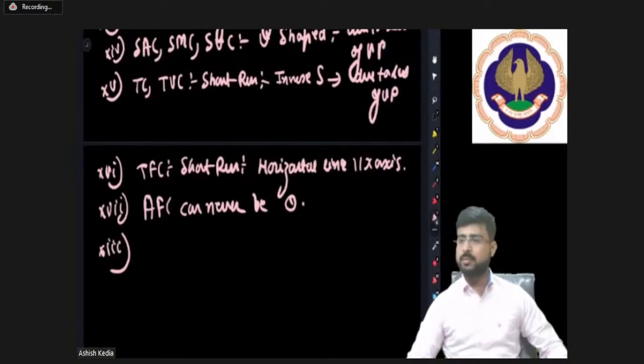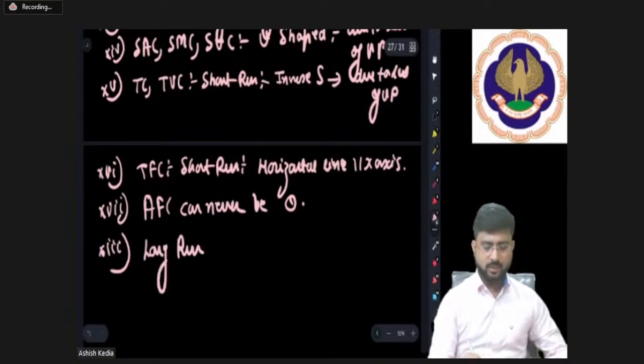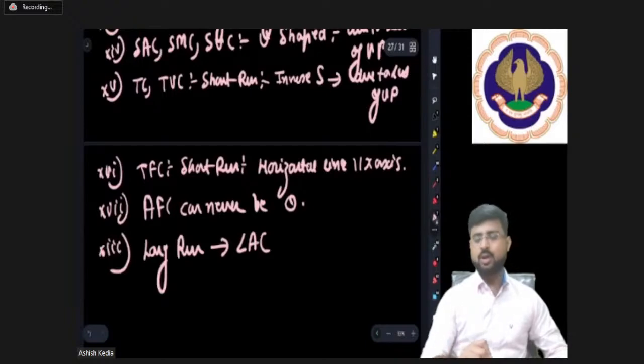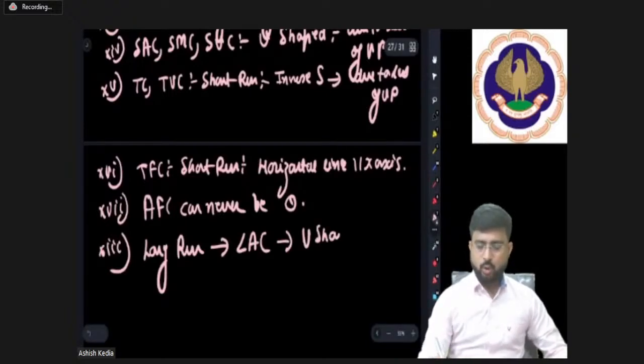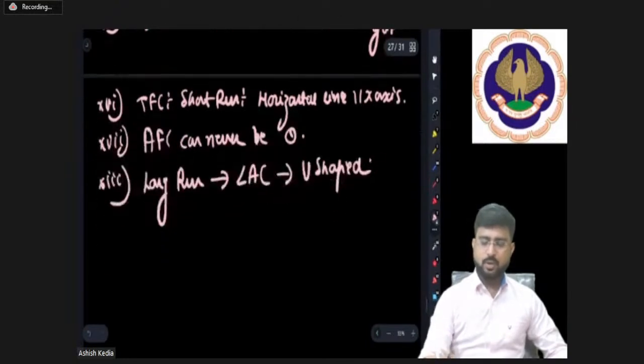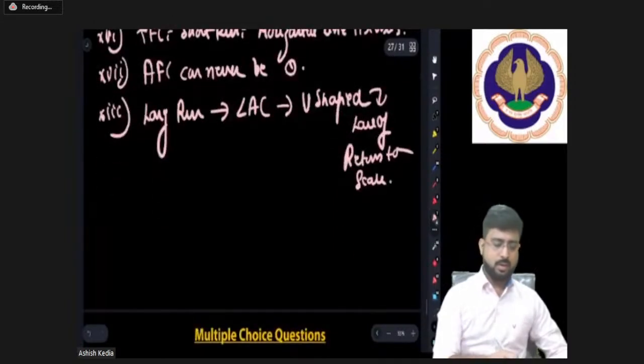Next point, point number 18: in the long run, LAC, that is the long run average cost curve, is U-shaped due to the law of returns to scale.